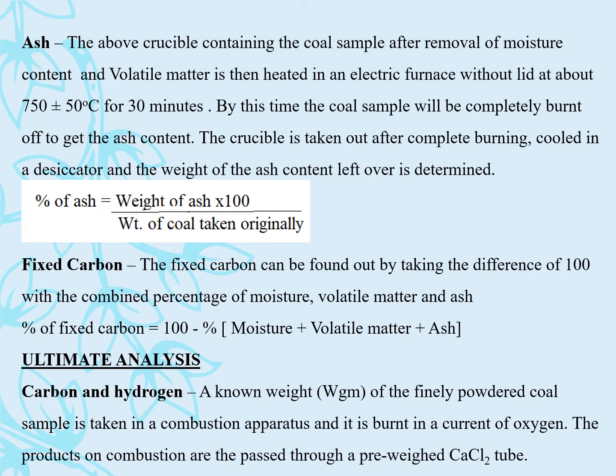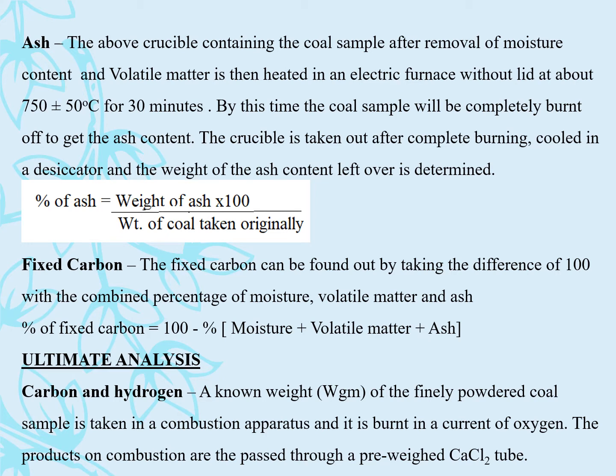Now we have determined the percentage of volatile matter, moisture and ash. With the help of this, we can determine the fixed carbon. The fixed carbon can be found out by taking the difference of 100 and the combined percentage of moisture, volatile matter and ash.